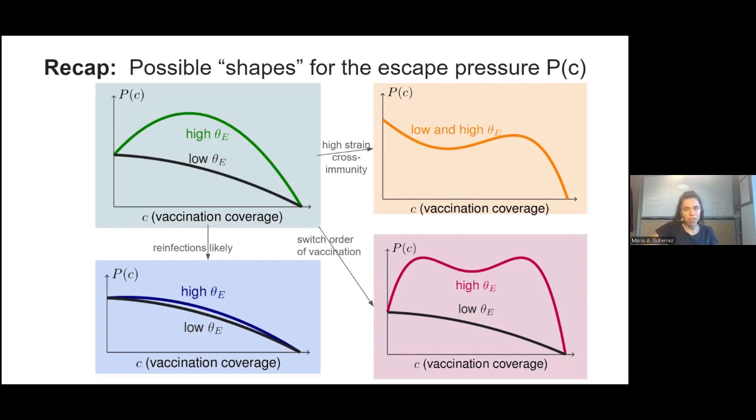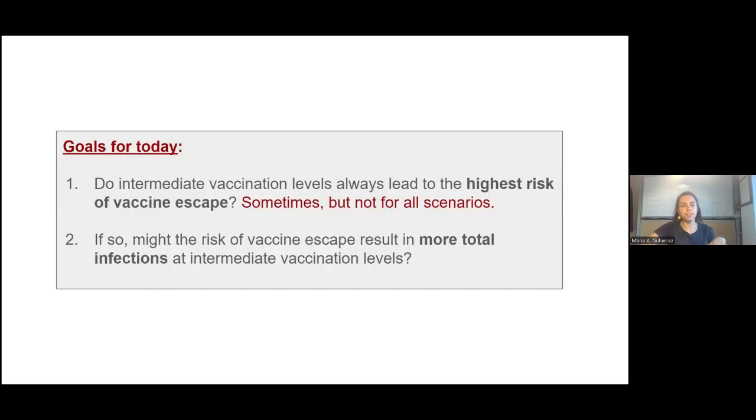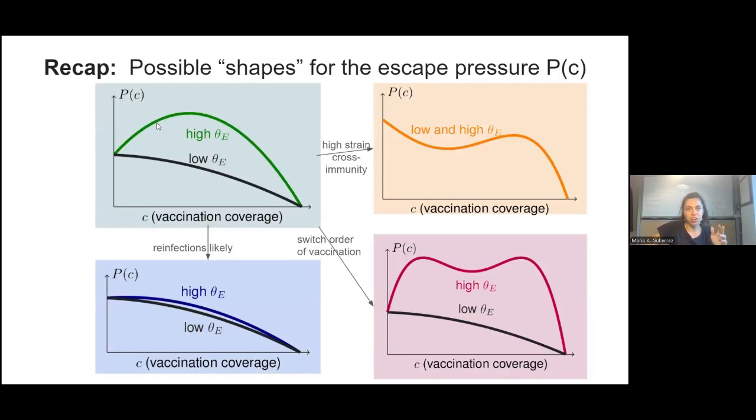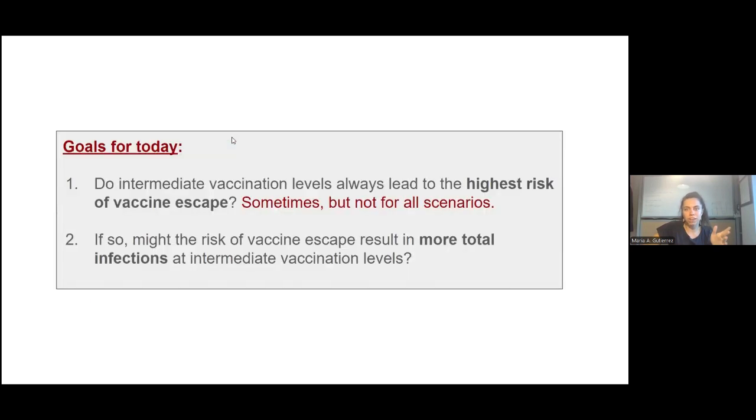And so that answers the first goal that we had for today. Remember, I had asked, is it always true that intermediate vaccination levels lead to the highest risk of escape? And sometimes yes, so that would be the green curve here with high theta e. But in all the other cases that we have here, no. So there are a lot of factors at play.